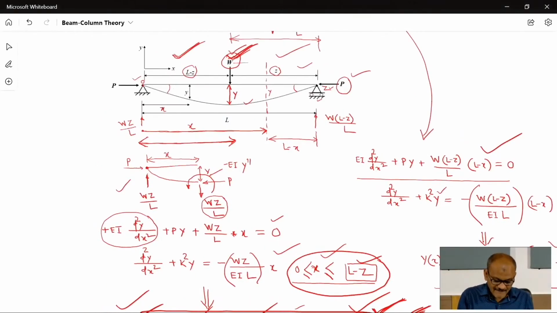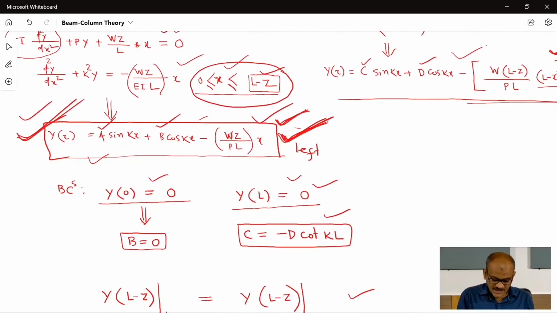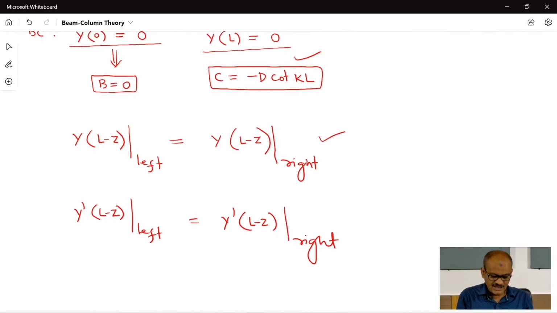Similarly, for the left part we started with the equilibrium equation and we wrote the final equation of this deflected shape, this elastic curve. Because of that I am writing here left and right, there is nothing to be confused.